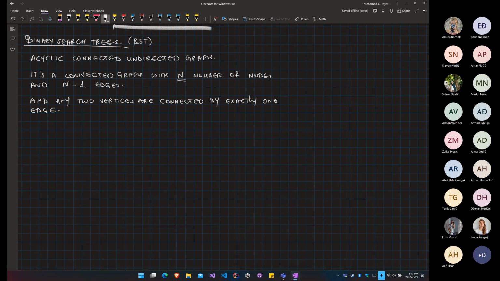So only one edge. You cannot have something like this. This cannot happen, or rather like this. This is not a binary tree anymore. This is more like a regular graph right now. So in a binary tree, or a binary search tree rather, you always have this kind of format. It's rooted, so it has a root.